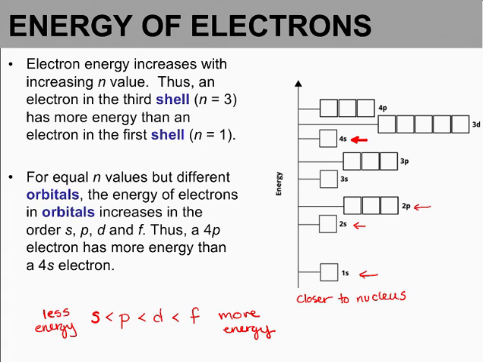So this goes kind of out of order of what we would expect, but scientists found that electrons would prefer to be in a 4s orbital rather than a 3d orbital most of the time. So that tells us that a 4s orbital is actually a little bit lower in energy than a 3d orbital. Now, you don't necessarily have to remember that. We'll talk more about these energies later on.